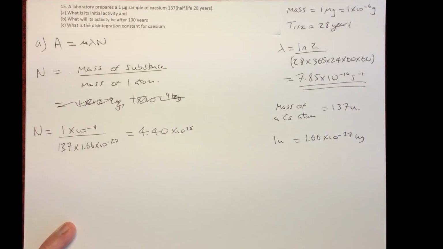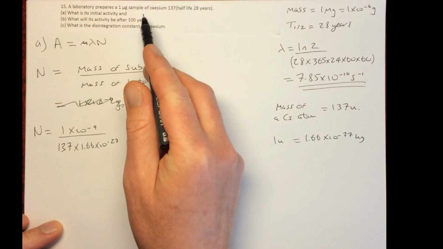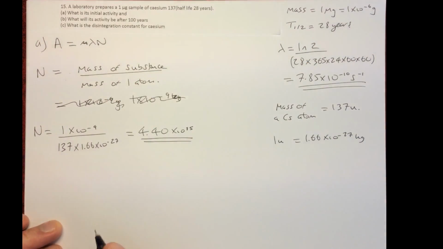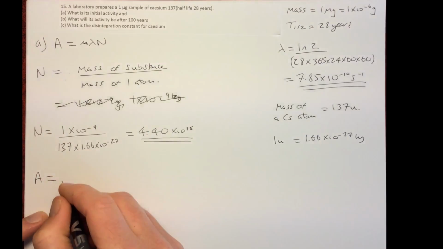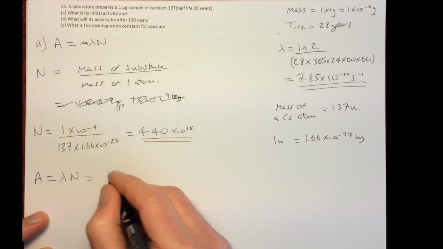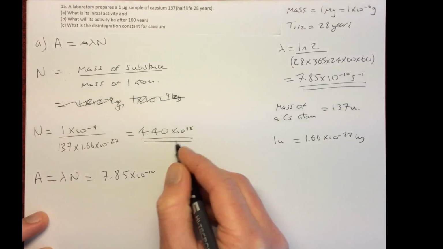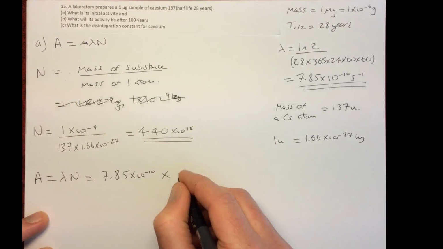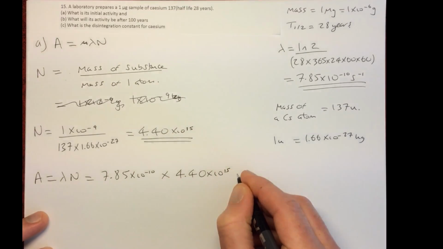That gives us the number of atoms present in this mass of cesium. So we can now work out its initial activity just by doing A equals lambda N. Lambda was 7.85 times 10 to the minus 10, and the number of atoms is 4.40 times 10 to the 15.